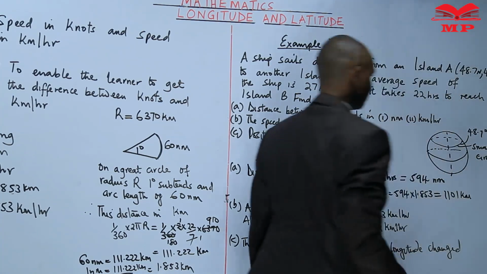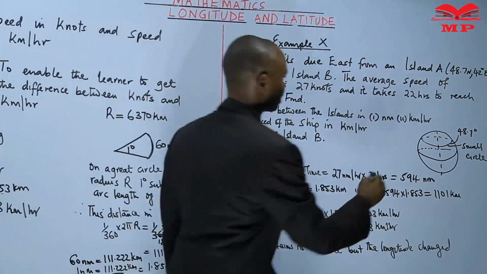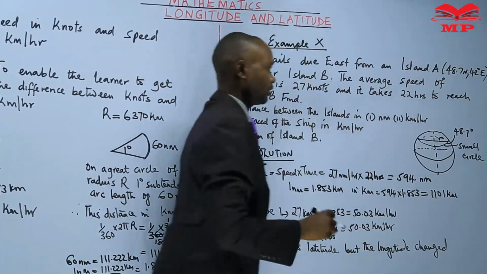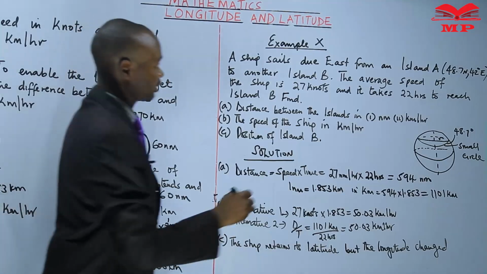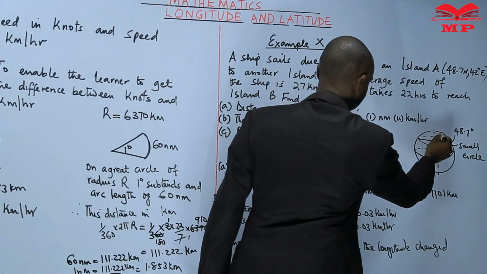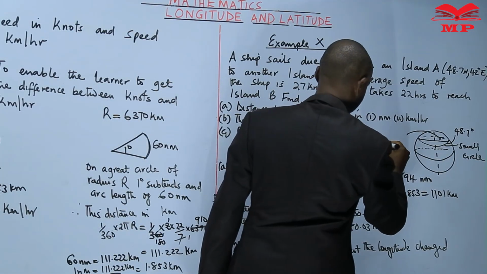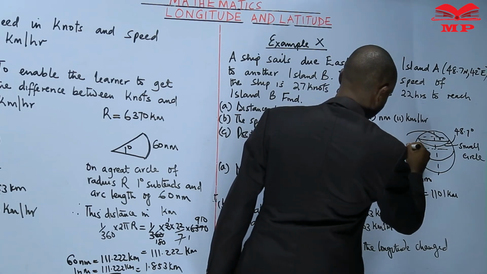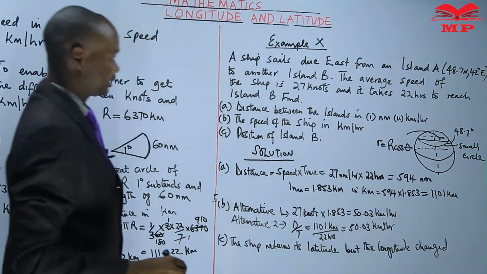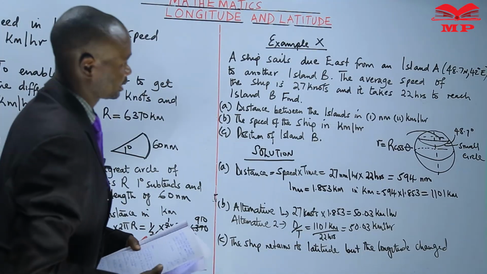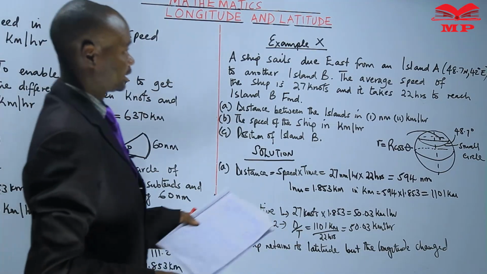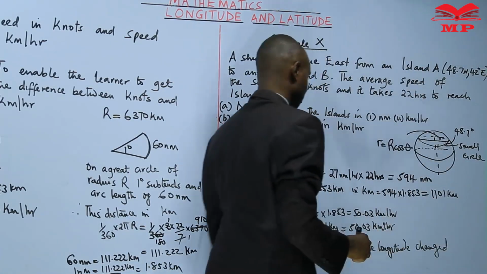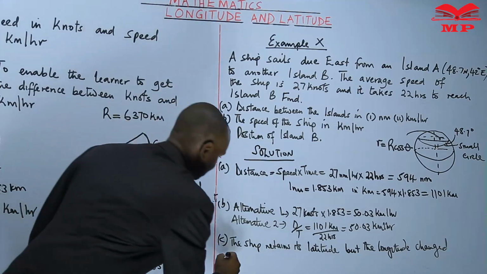So we actually have that small radius. This small radius was given by what? R was given by R cos theta.